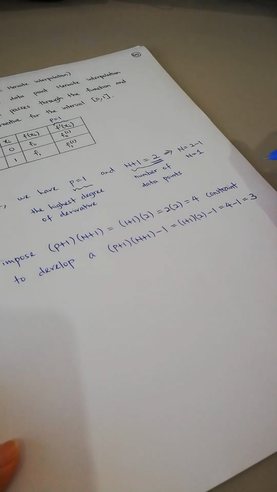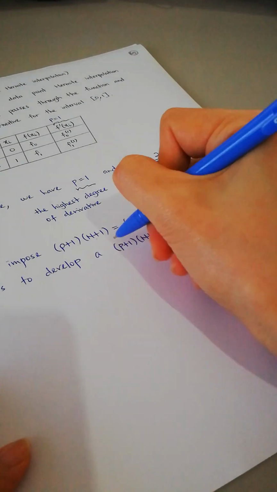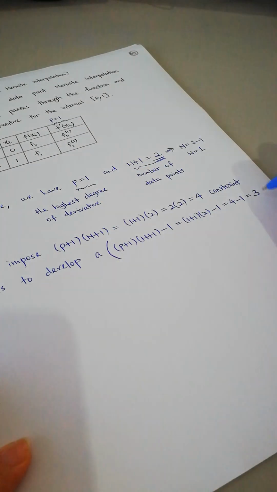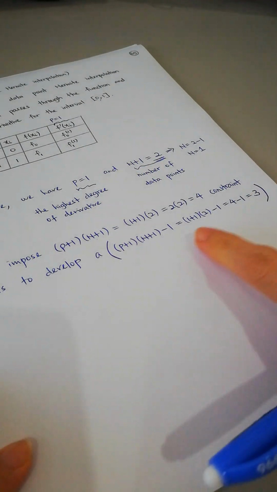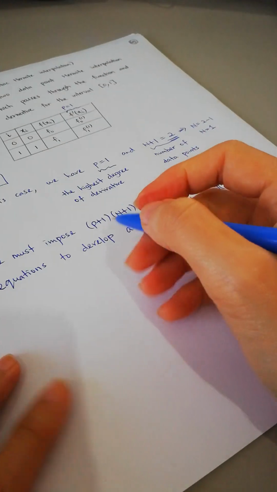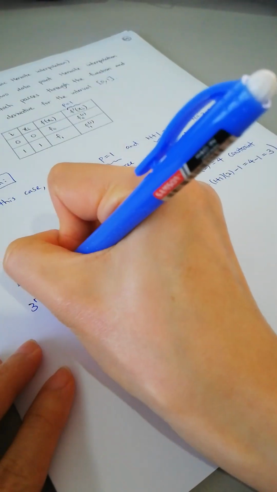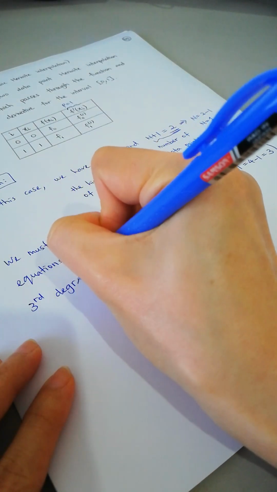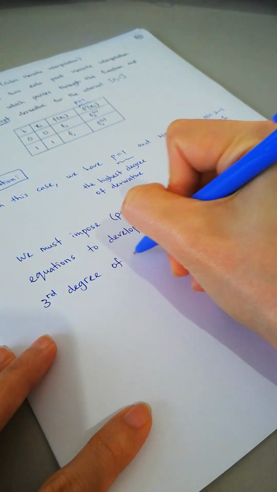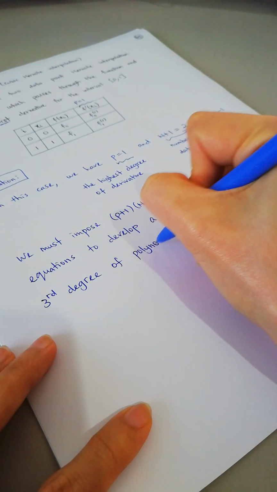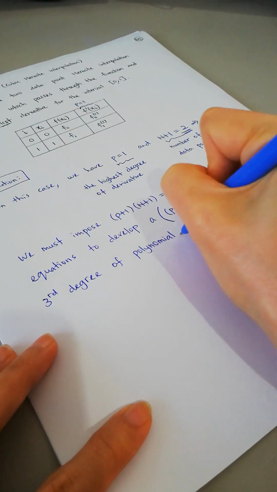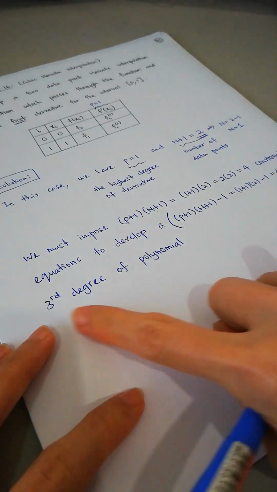I put a bracket, this is the calculation. So to develop a third degree of polynomial. Okay, so we know that we have a third degree.